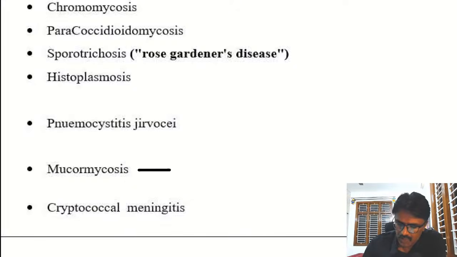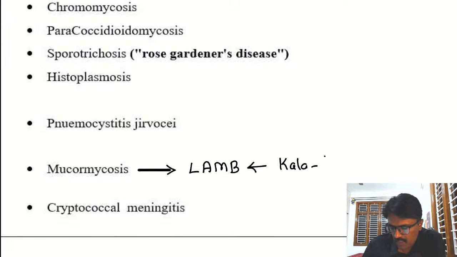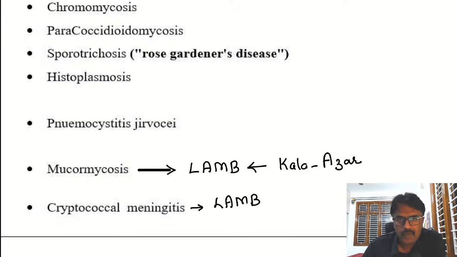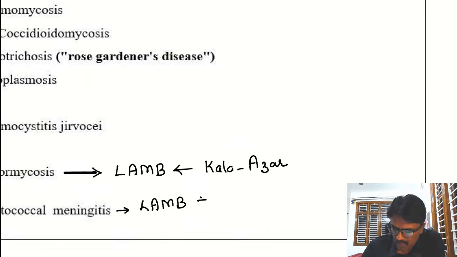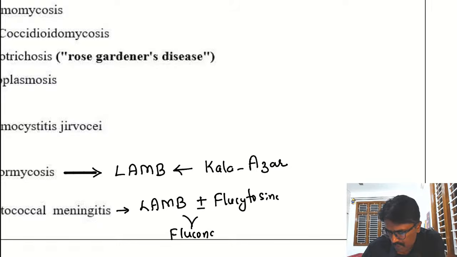Mucormycosis, the drug of choice is liposomal amphotericin B. Liposomal amphotericin B is also the drug of choice for, as most of you know, Kala Azar, also called visceral leishmaniasis. Cryptococcal meningitis also we use LAMB. What is LAMB? Liposomal amphotericin B. But you may or may not add flucytosine. Once the patient is stable, then we can shift the patient to fluconazole.